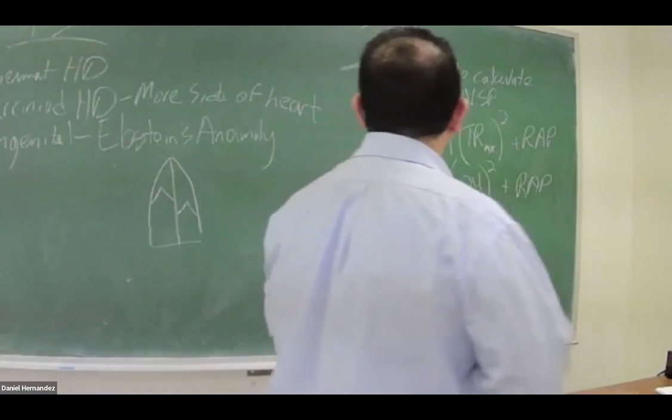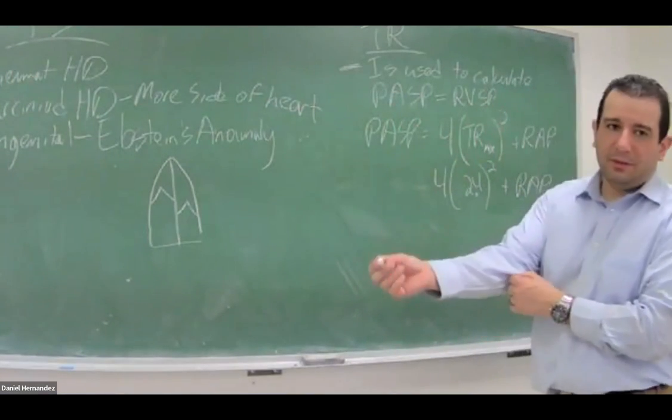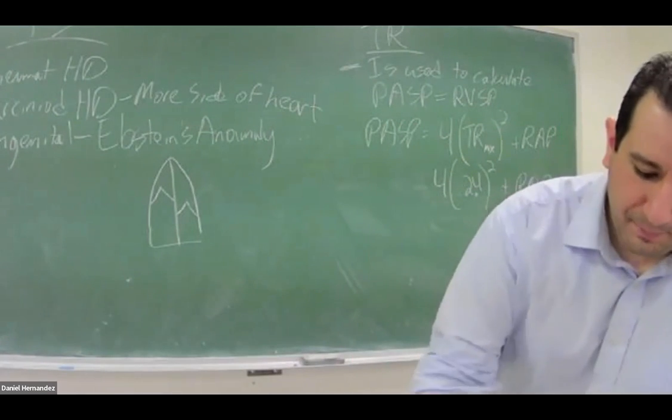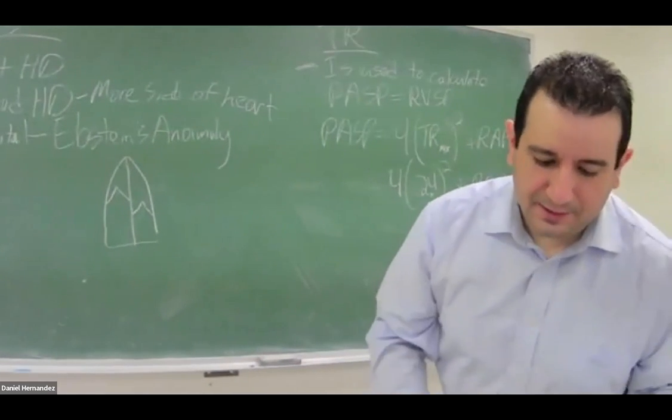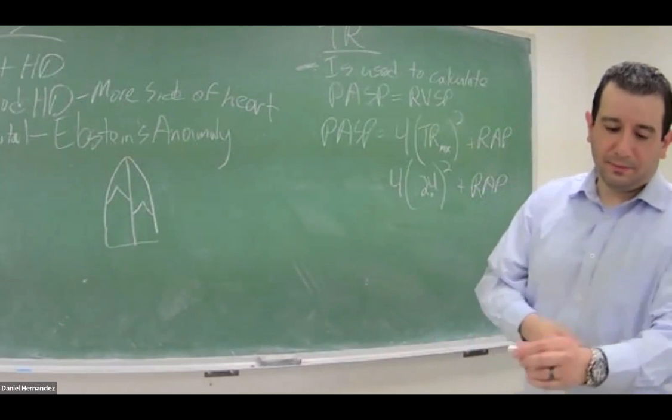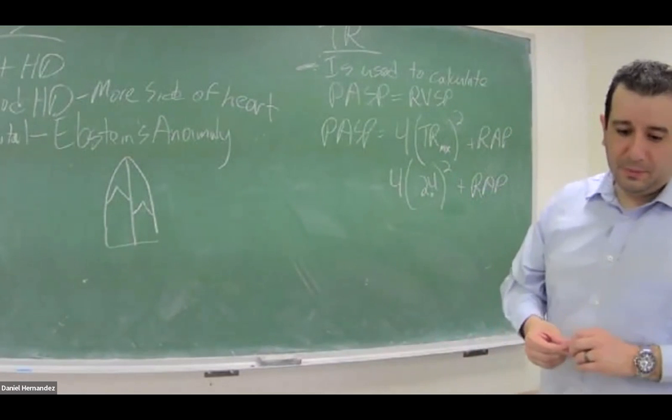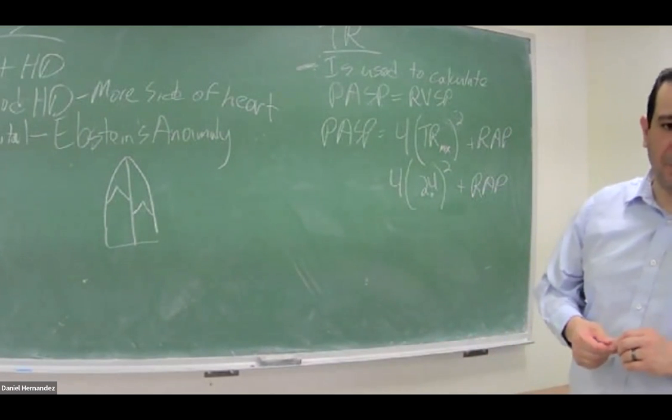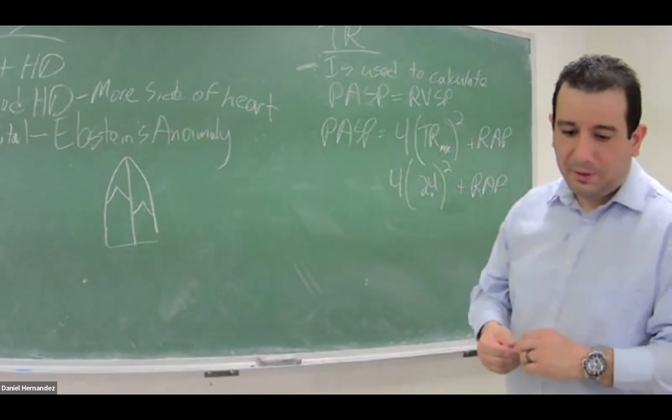So there is a little chart for determining your pulmonary artery systolic pressures. Just remember, greater than 70 would be considered severe pulmonary hypertension.